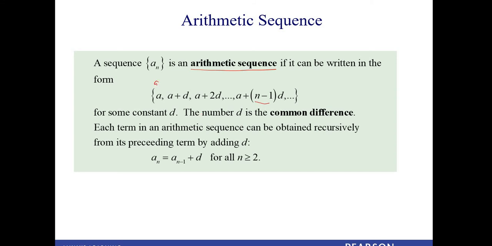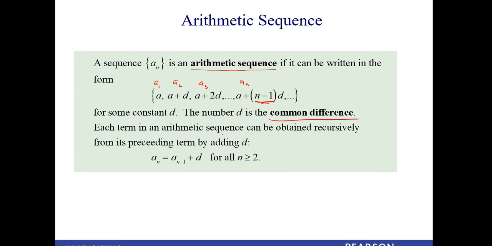You notice that A sub 1 doesn't have any D's added. A sub 2 has 1 D. A sub 3 has 2 D's added to it. A sub n has (n minus 1) D's, for some constant D. The number D is called the common difference.